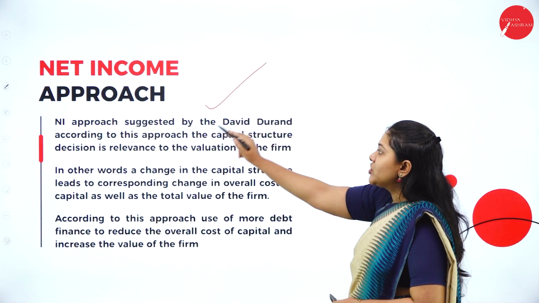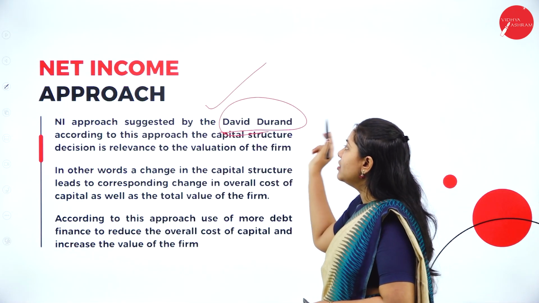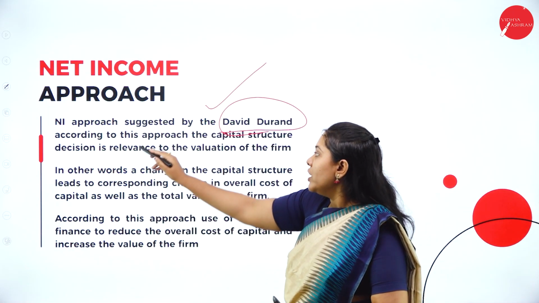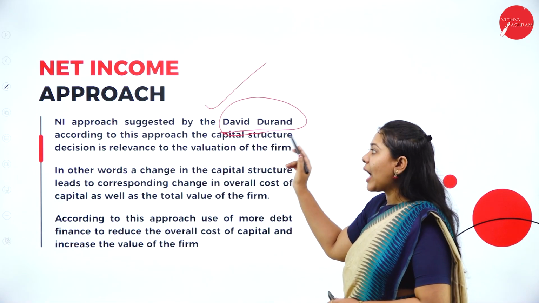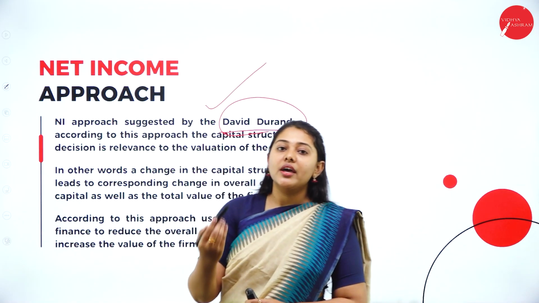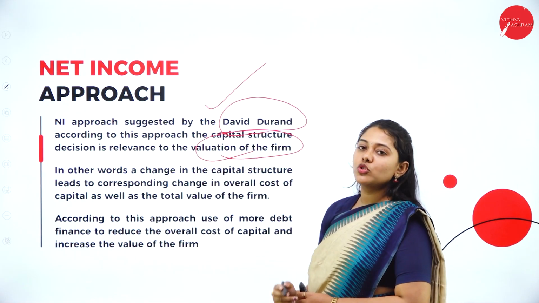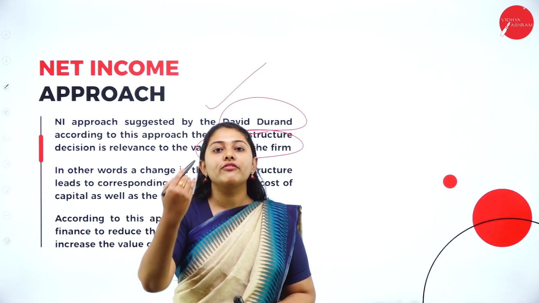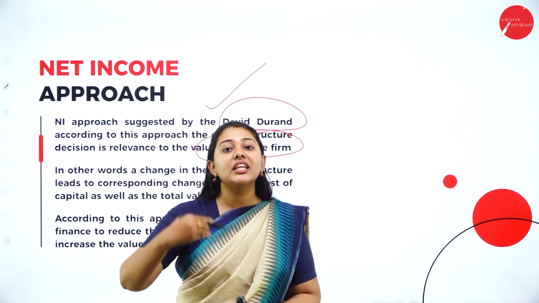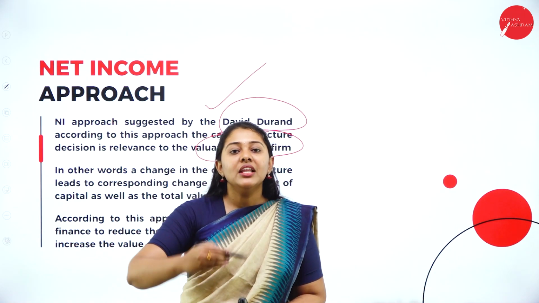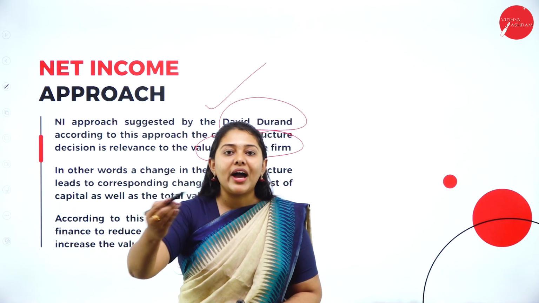The net income approach is suggested by David Durand. According to this approach, the capital structure decision is relevant to the valuation of the firm. An increase in the use of debt capital will increase the value of the firm.